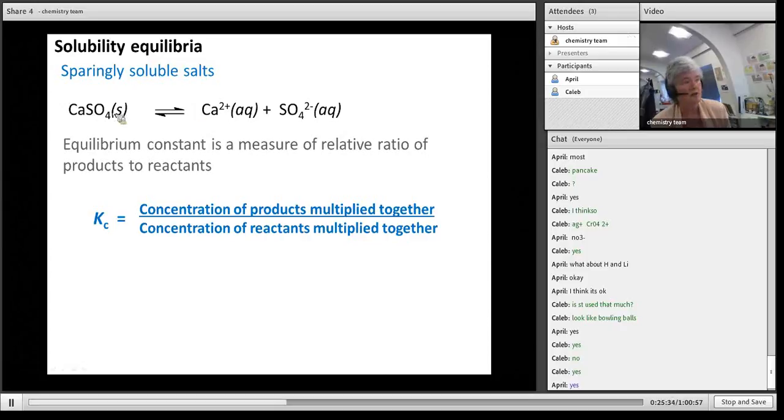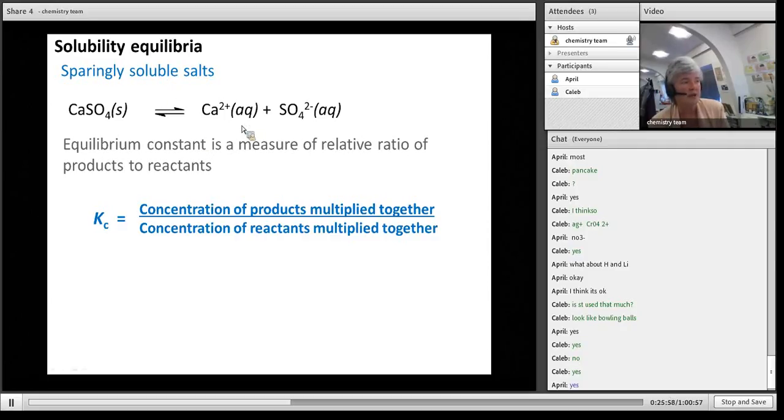So we've got this equilibrium. So some is dissolving and some is not. Now calcium sulfate is not soluble, okay, but we call it sparingly soluble because a tiny little bit will dissolve. So the water will be able to extract a few of the calciums and the sulfate ions.